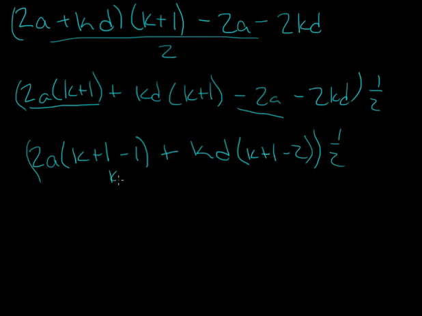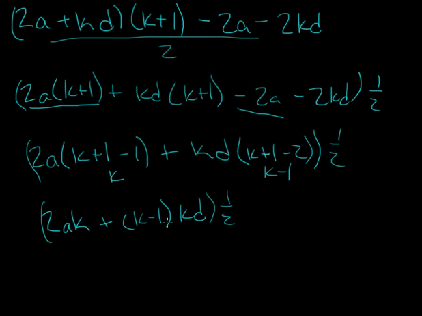So that's k minus 1. So now we have 2ak plus k minus 1 times kd all over 2. We can factor out a k from both of these to get 2a plus k minus 1 d times k over 2.